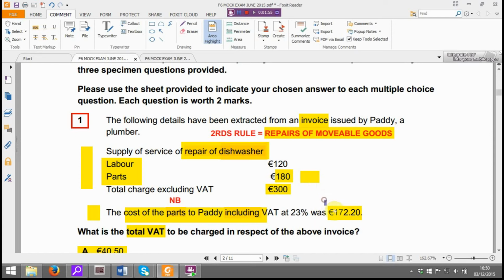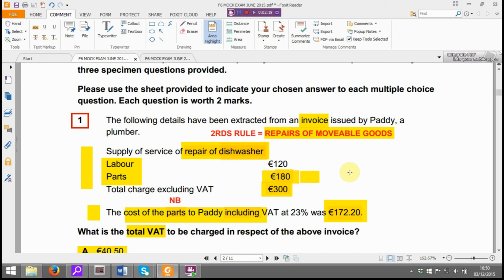So really what we had to do is to look down at this figure, and say, well, that includes VAT. Let's extract the VAT, and then compare that net amount after we've extracted the VAT to the overall figure of 300. So I think what we might have done in the real exam is to use this area of the 180 and perhaps get the answer wrong.